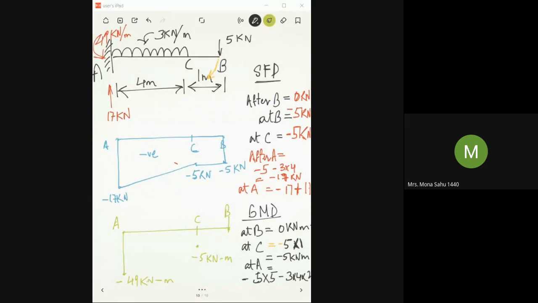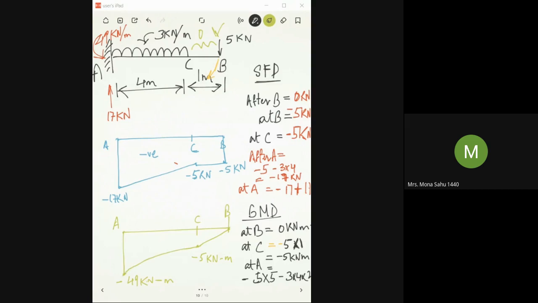Now when you draw the BMD diagram, if there is a point load and zero load here, it has to be a straight line. But if it's a UDL, it should be a parabolic curve.